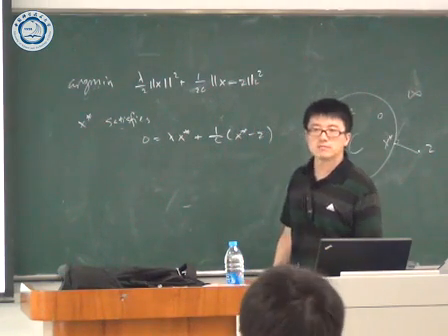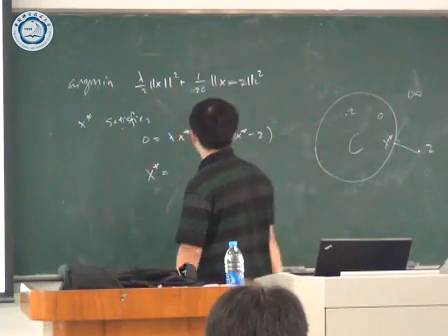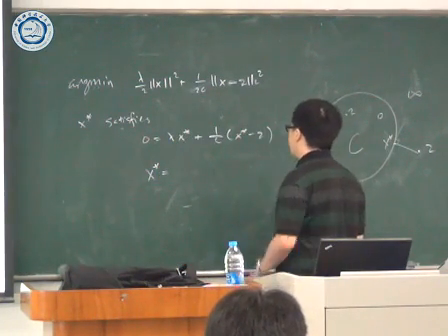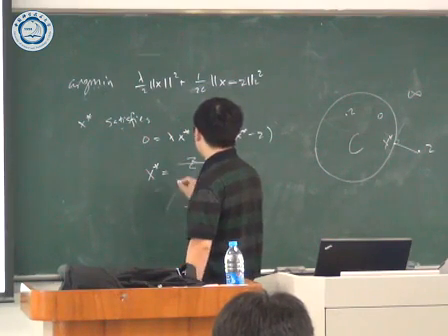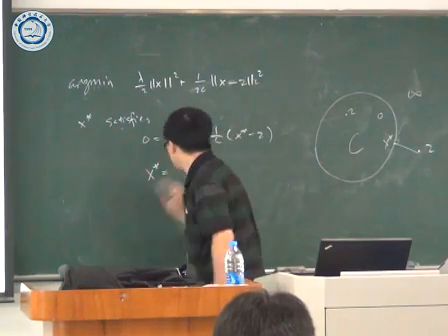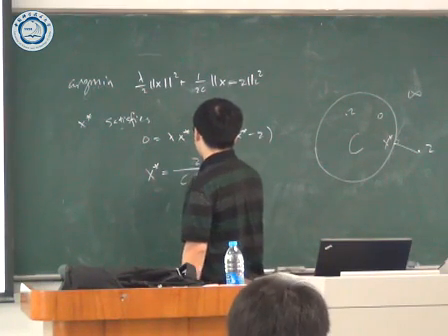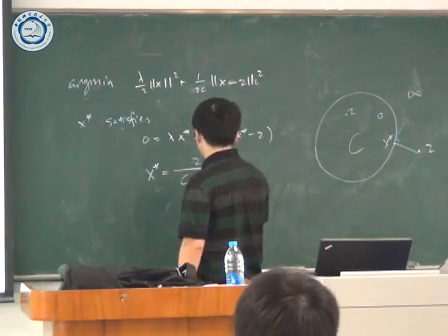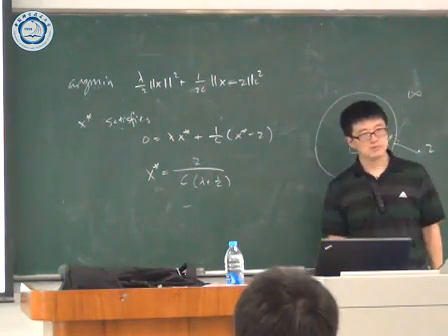And solve for x. It's an average. So x is z over c divided by lambda plus 1 over c. It's some scaling of z. You just scale z.